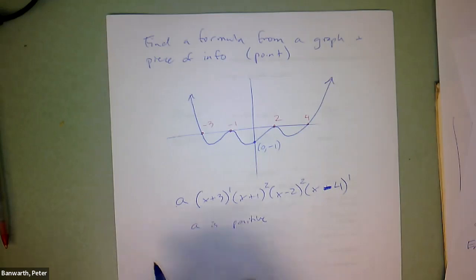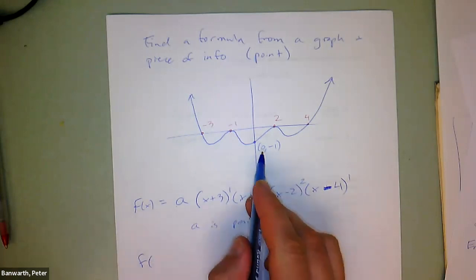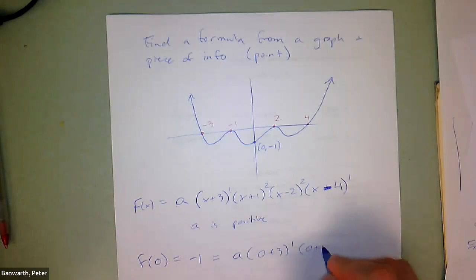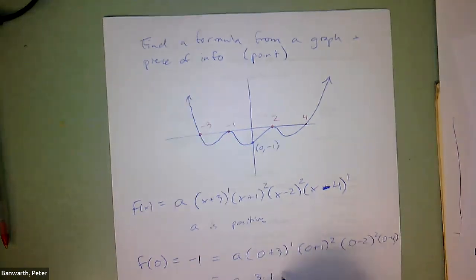So if A is positive, and I say that's my function, and I know that if I put 0 in, I should get -1 out. I can put all this together and multiply it. A times 3 times 1 times 4 times -4. That's a 4 because I'm squaring it.